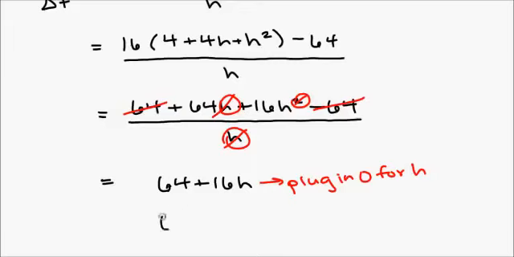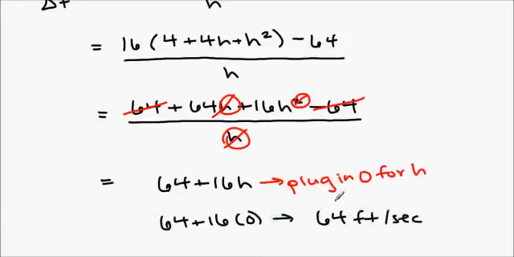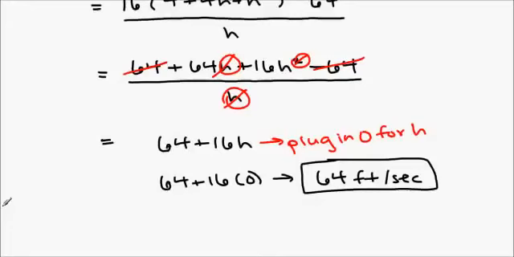That would be the smallest change. So if we have 64 plus 16 times 0, we really just have 64 feet per second, which is what we hypothesized that speed would be. So that is pretty good. We did a good job with the table and guessing there.